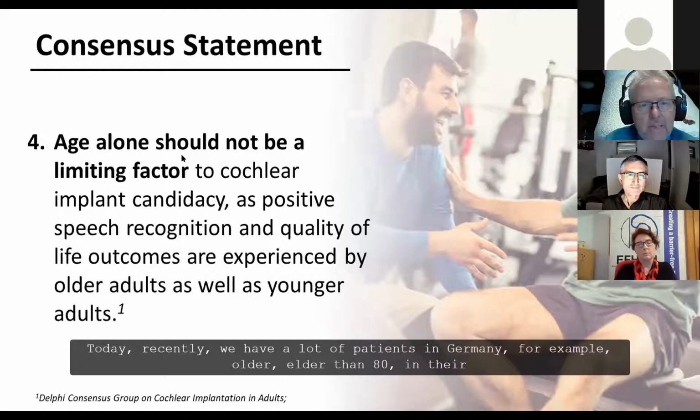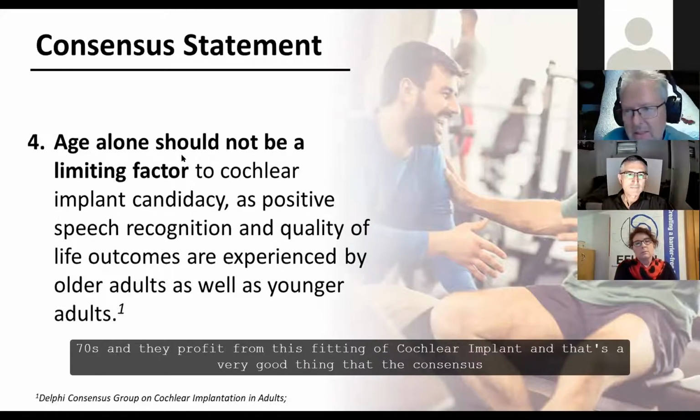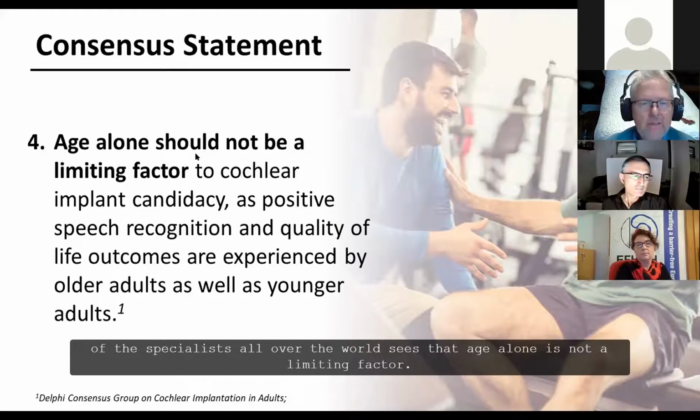Recently, we have a lot of patients in Germany, for example, older than 80 or in their 70s, and they profit from the fitting of a cochlear implant. It is a very good thing that the consensus of the specialists all over the world is that age alone is not a limiting factor.